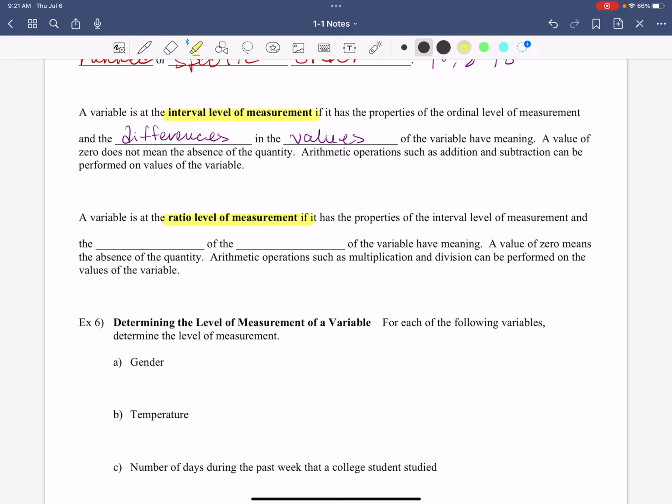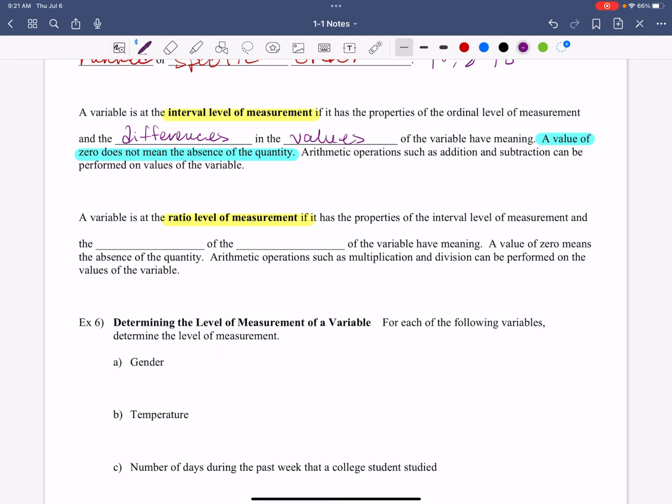A value of 0 does not mean the absence of quantity. Arithmetic operations such as addition and subtraction can be performed on values of the variable. All right? Now, let's do this next one, then we'll talk about the differences between the two.